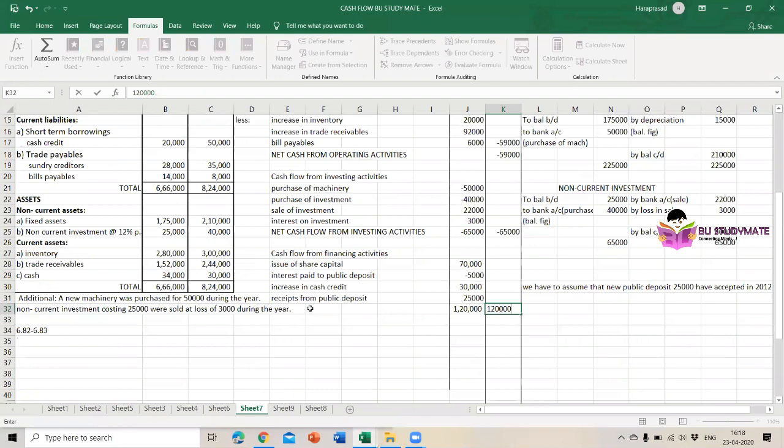This is net cash flow from financing activities. Then we have to write net increase or decrease in cash.